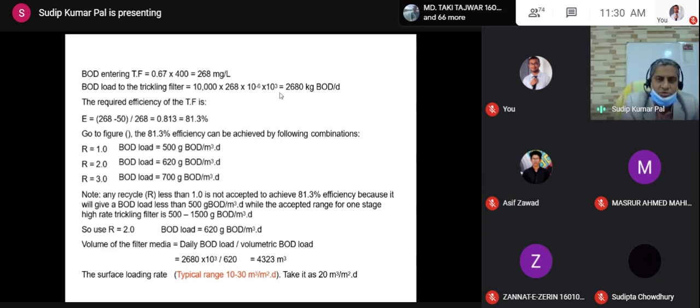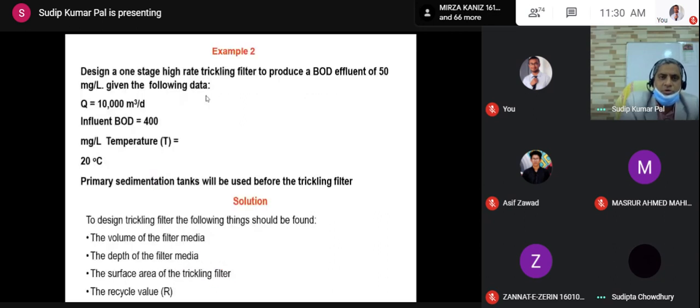Need any clarification for this? Do you understand, all of you, this how we calculate the load from the concentration? So this is Q into C.